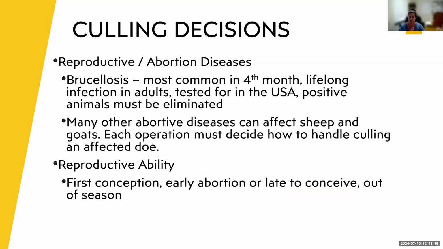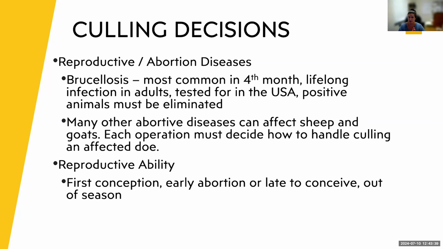And then you also have to think about those animals' reproductive ability following contraction of some of these diseases, or just throughout their lifespan. If they're able to conceive during that first 21 to 24 days with the buck, that's good. We want a close lambing and kidding window.